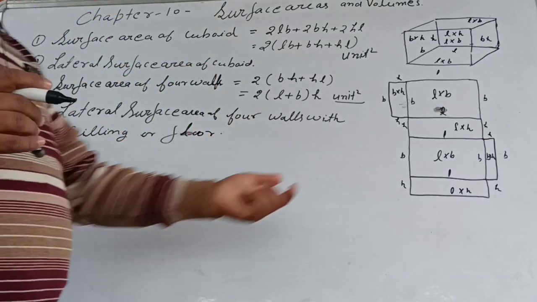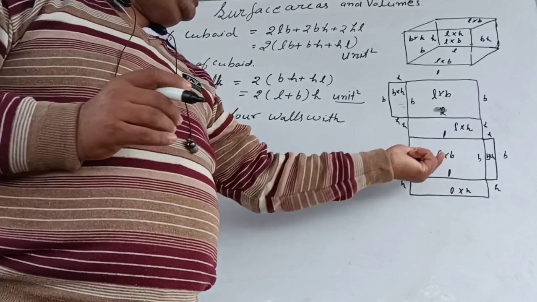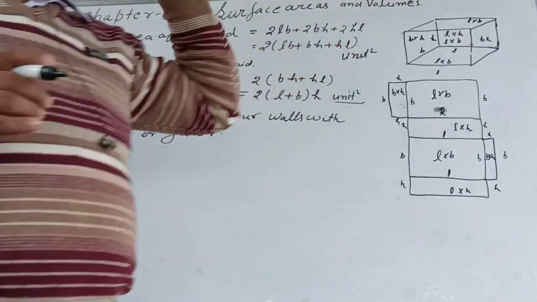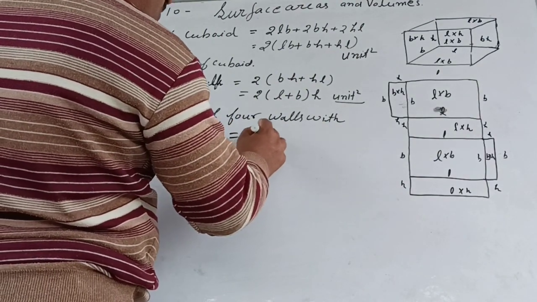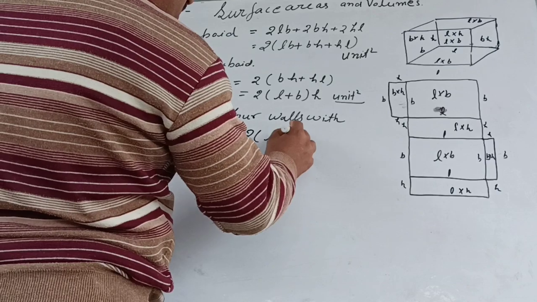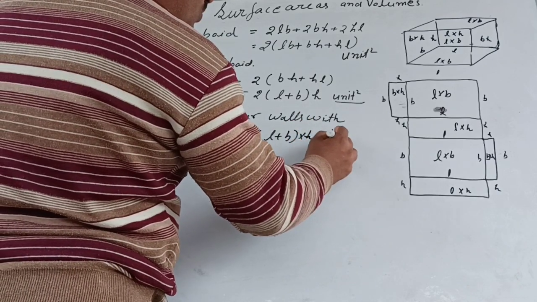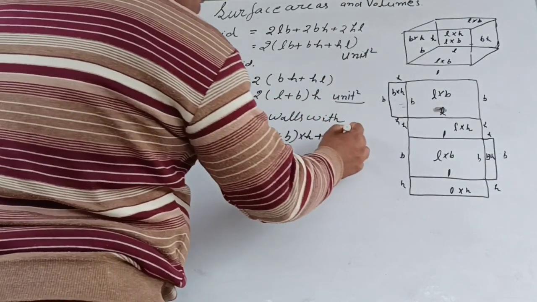In this condition, with ceiling or floor, we add LB of floor or LB of ceiling. This is the formula: 2(L plus B) into H plus L into B. Unit square.